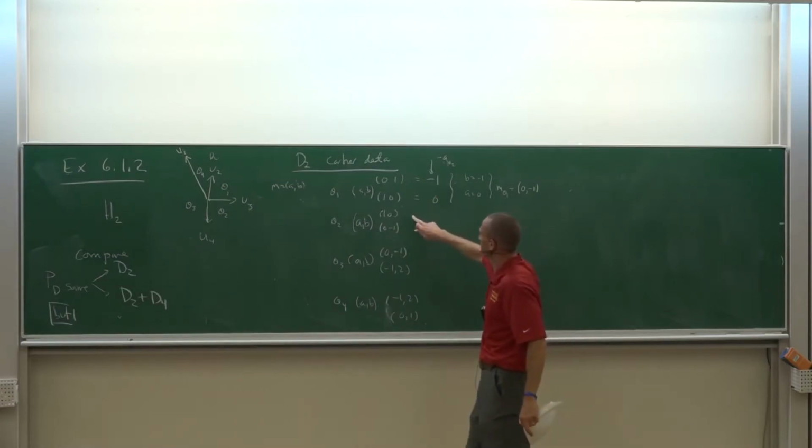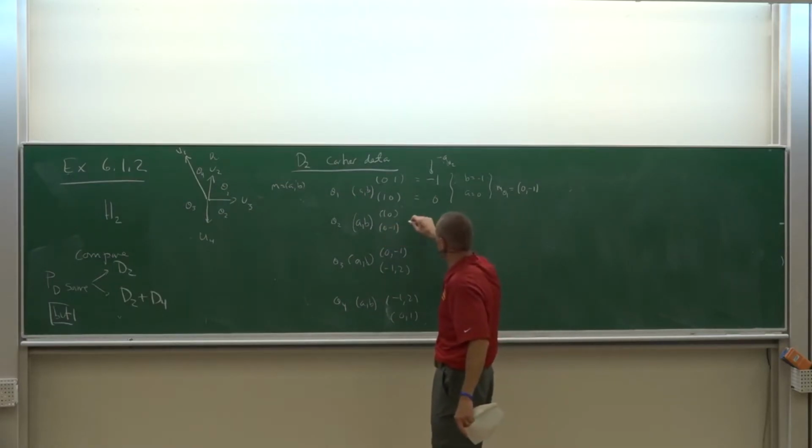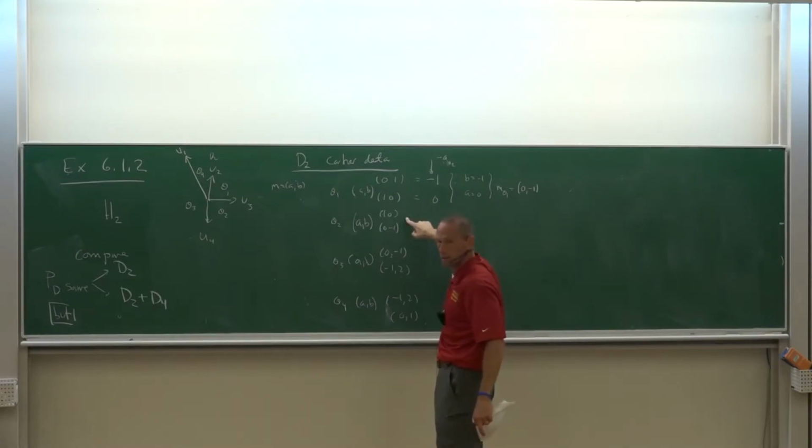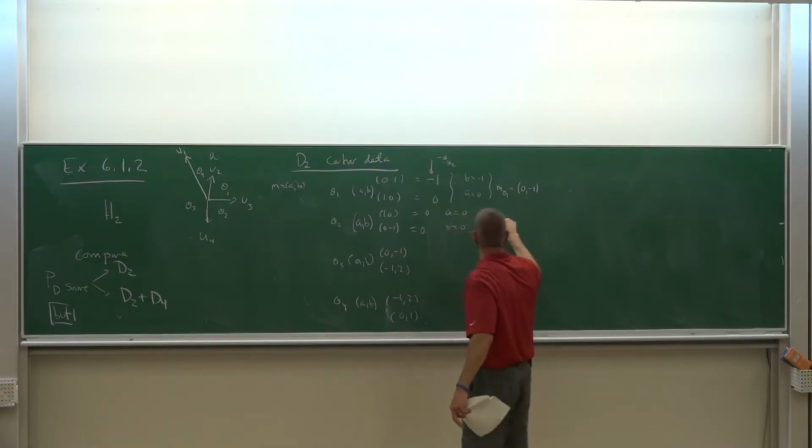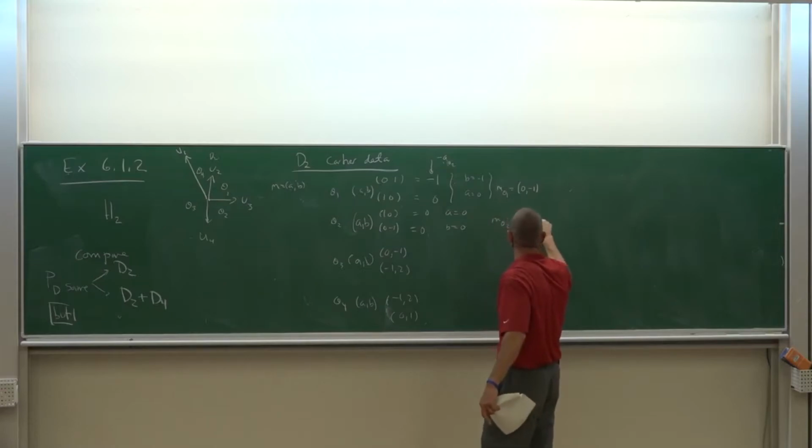On sigma 2, this dot this is 0, so that just says A is equal to 0. This dot this is also 0, so B equals 0. So I get M sigma 2 is (0, 0).